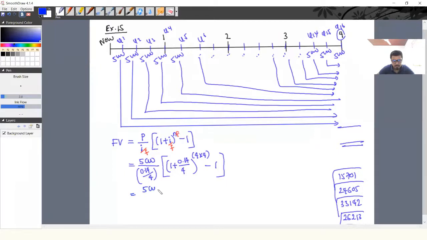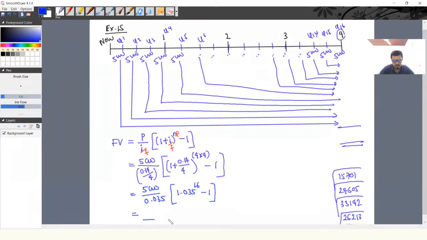That means 5,000 over 0.035 into (1.035 to the power 16 minus 1).